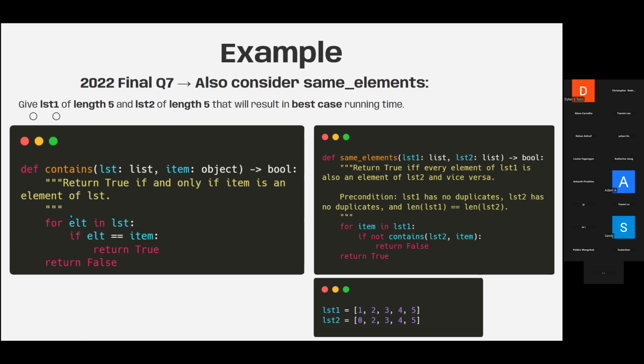When we compare each element to the first element 1, they're not going to be the same. So 1 does not equal 0, it does not equal 2, 3, 4, 5. So we're going to return false. Why? Because element 1 is not in list 2.